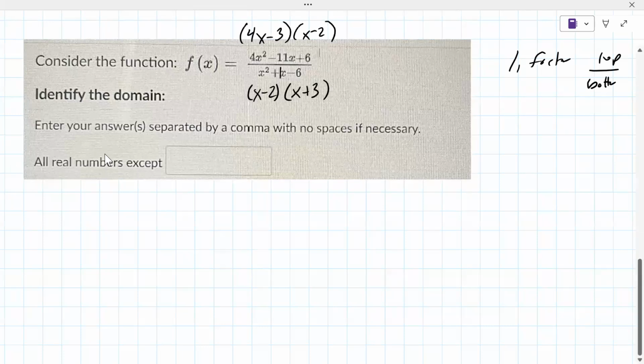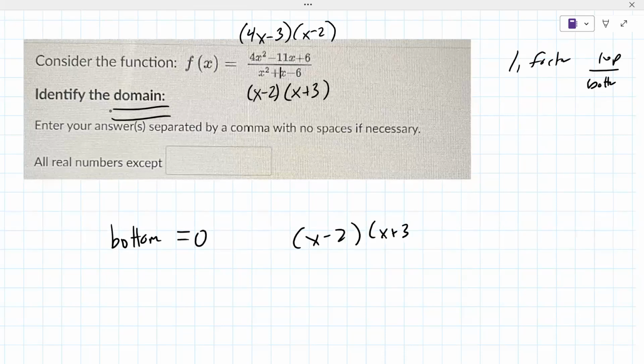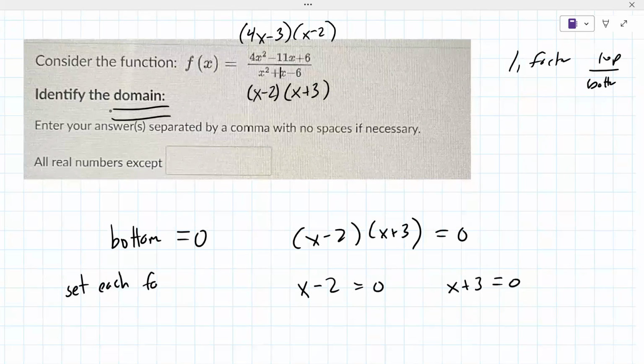All right, so for the domain, you're looking at where the bottom equals 0. So you set each factor equal to 0. So that means x is 2 and -3.